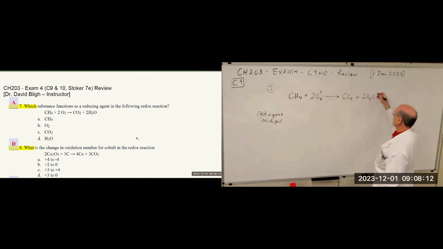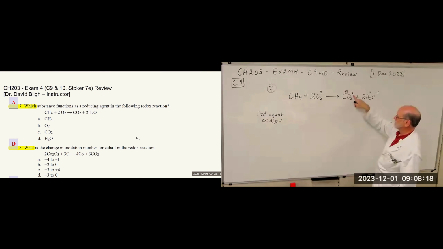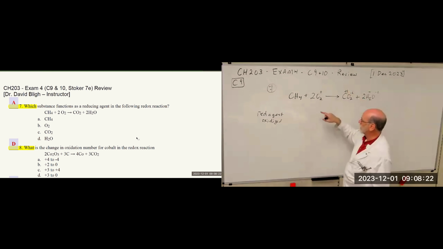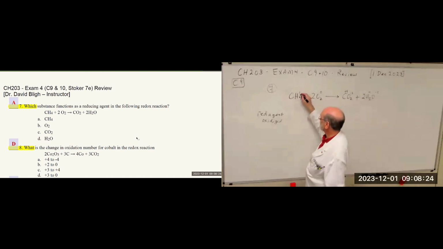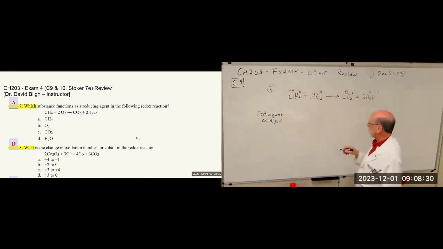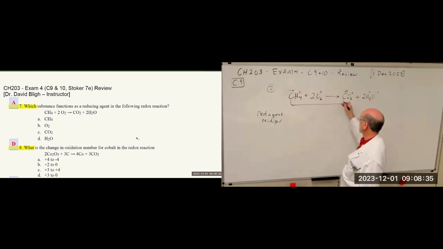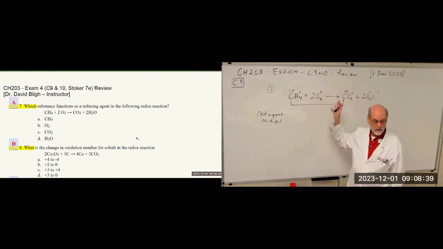That's 0, -2 plus 1, -2 plus 4, right? -4 for this one, +4 for that one. This one is +1, so it's +4. This makes it a -4. All right, so which one is oxidized? I think carbon probably, right? It goes from a -4 to a +4. It has to lose electrons.